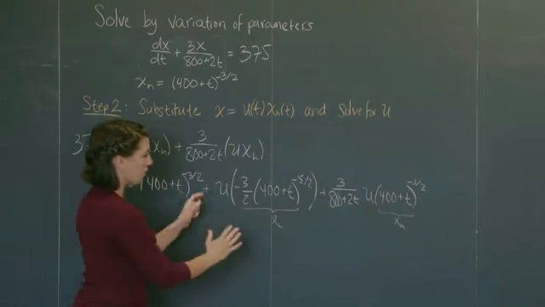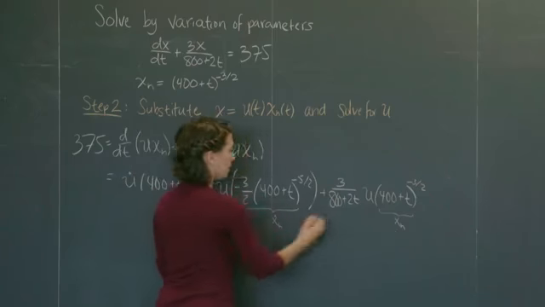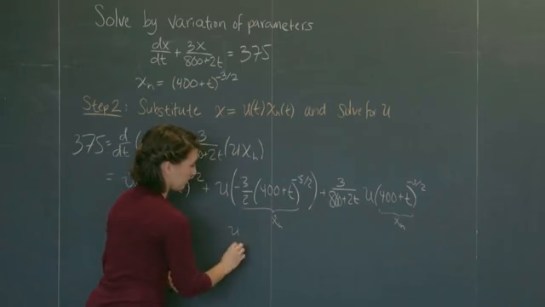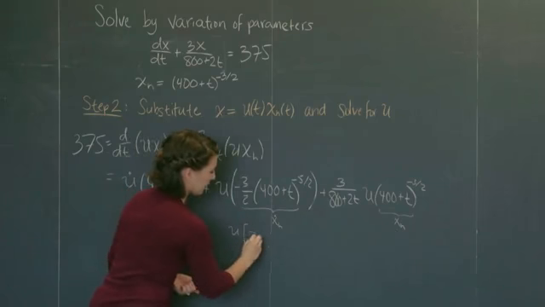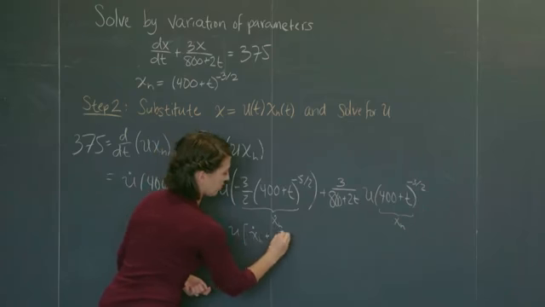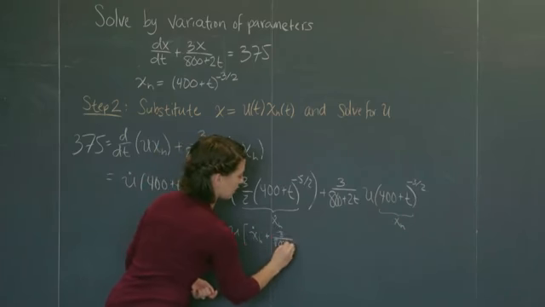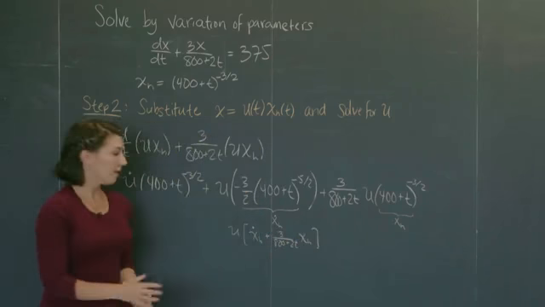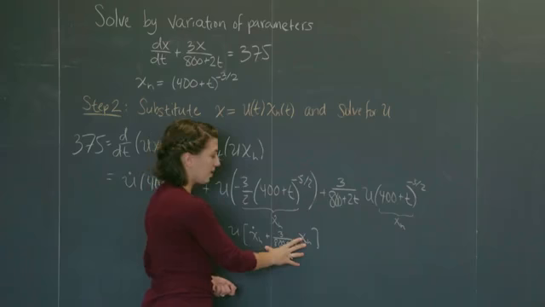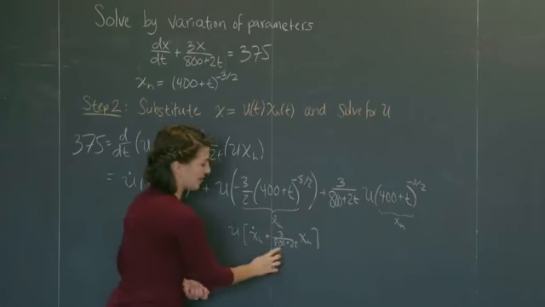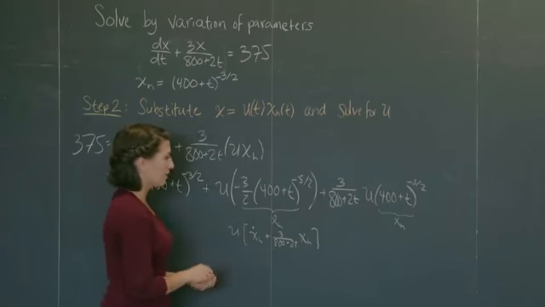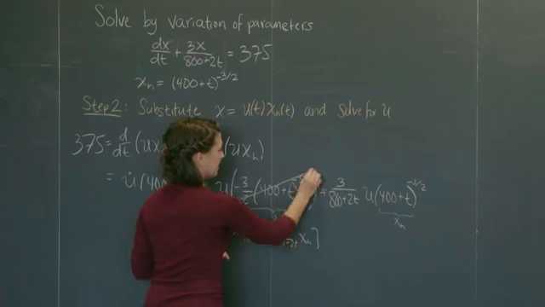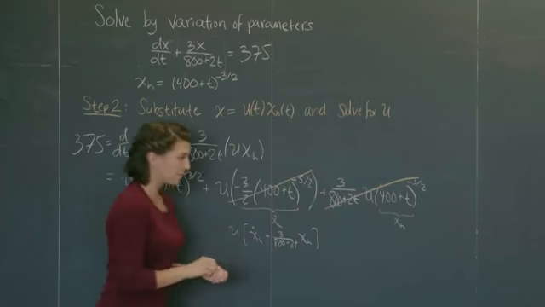So if you factored out u from this expression, you would see that we just had u times x sub h dot plus 3 over 800 plus 2t times x sub h. But we know that x sub h satisfies the homogeneous equation, which means this is equal to 0. As a double check, you can actually work out this computation and see that these terms do indeed cancel.